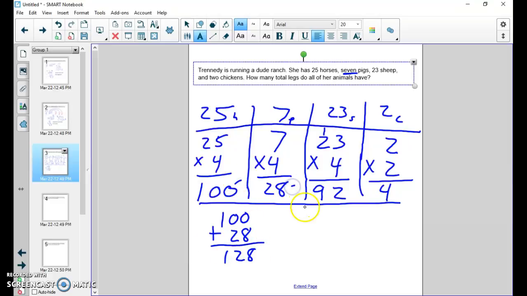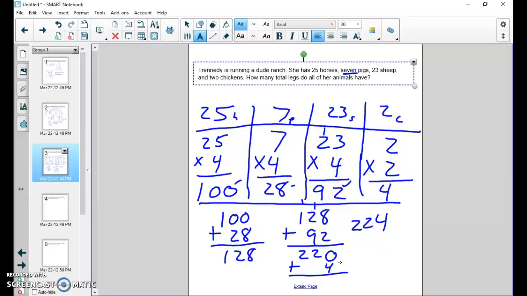Let's do 128 plus 92. I'm done with this one. Check it off. Plus the 4 would put me at 224 legs.